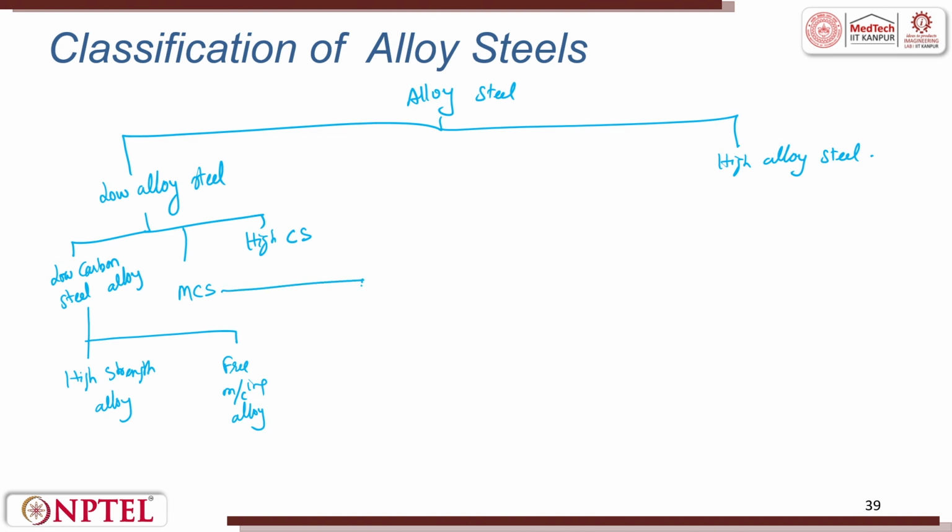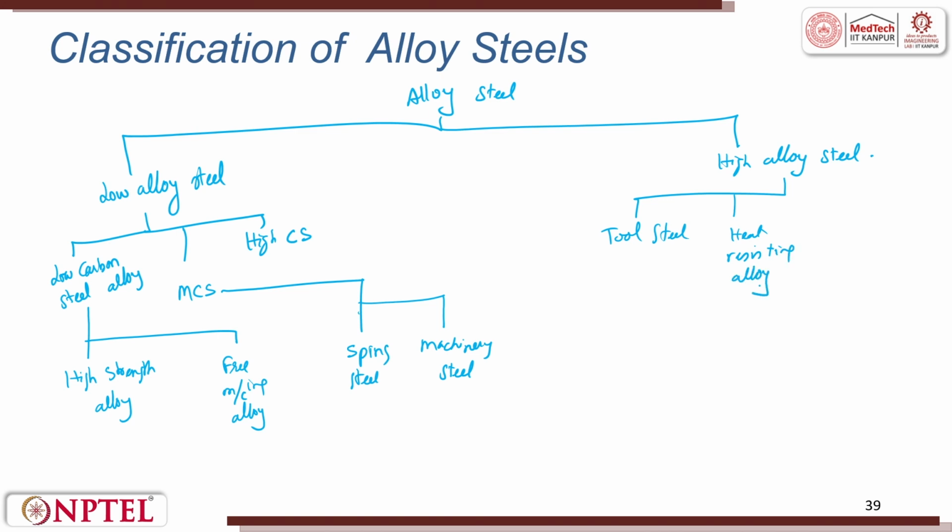In mild steel, you have spring steel and machinery steel. When we talk about high alloy, we have tool steel, heat resisting alloy, super alloy, and stainless steel.